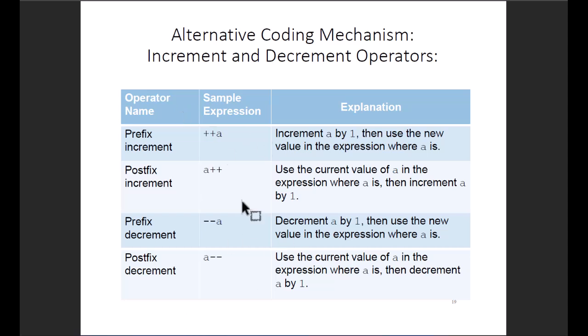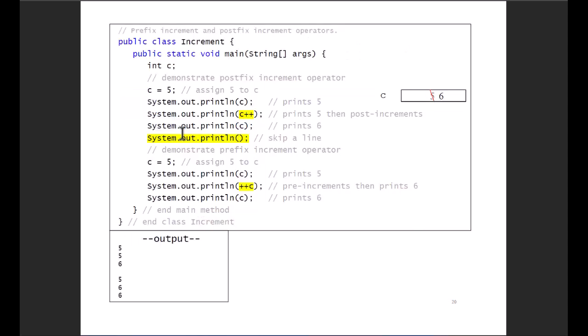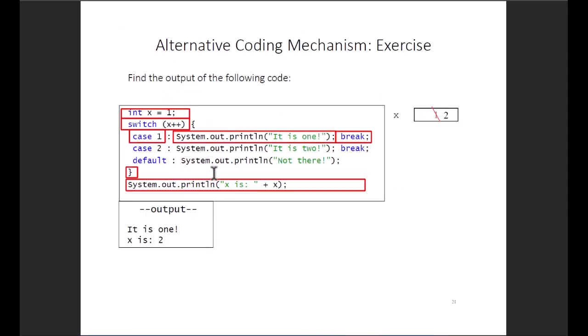Here's the explanation about the pre and post for increment and decrement, and there's an excellent example over here. You can trace it, and then you can even use it inside the switch or inside any other statement, inside the print or whatever. Now notice that the only thing different over here, you can see these two slides, 21 and 22, I'm just flipping between them.